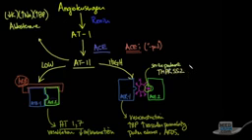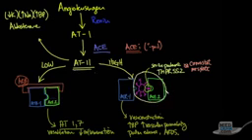That can be inhibited with something called camostat mesylate, and that is undergoing trials right now. Interestingly, when you have high levels of AT2, this entire complex can get degraded into lysosomes.